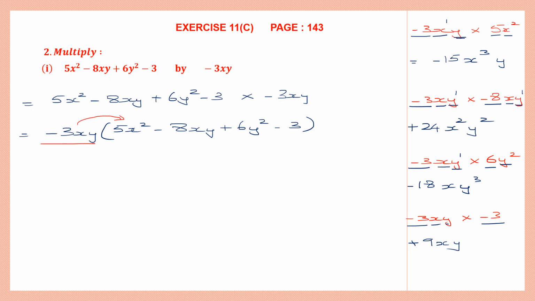So that is minus 3xy into 5x square, which we've already done here. Minus 3xy into 5x square, and we got this. So let's write that down here. So that is minus 15x cubed y. So after you finish with this, now we multiply minus 3xy into the second term. Okay, and that is minus 3xy into minus 8xy, which we've already finished, and the answer is here.